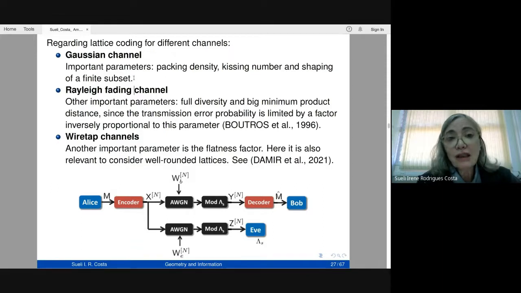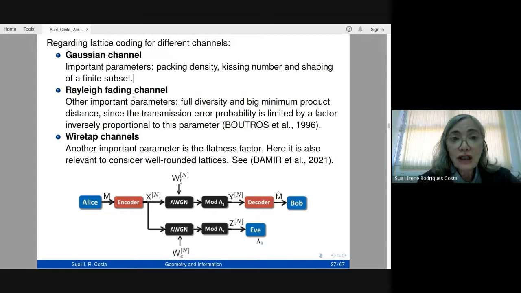What is shaping here? This is the quantization: if we consider a lattice whose points are chosen from a sublattice, the Voronoi region of the set must be good for quantization. So we have different properties from both lattices. One we ask for good packing density, and the other one we ask for good quantization.